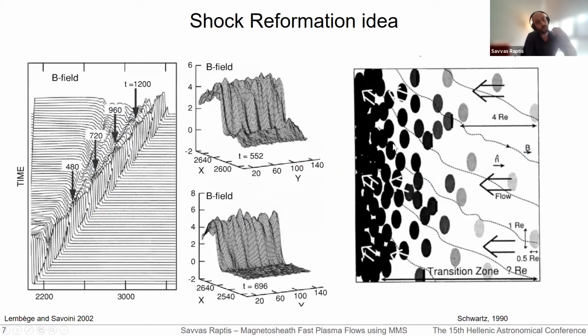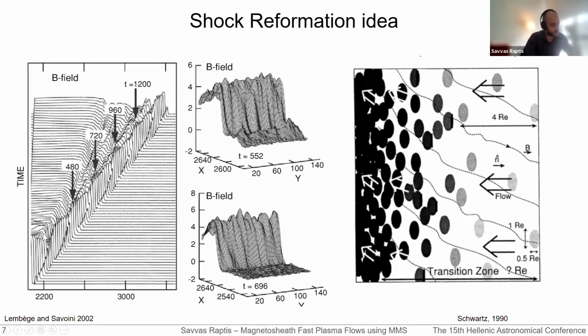This idea has been around for quite many years, and it is basically a model of the quasi-parallel shock, mostly on how, at smaller scales, what is really happening in a shock crossing. You see here on the left a simulation result from a hybrid simulation from 2002. In the y-axis we see how time evolves, and in the x-axis we have a projection of space.